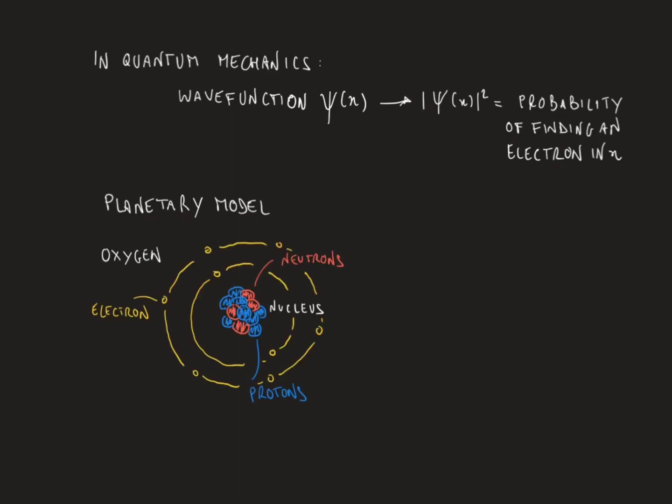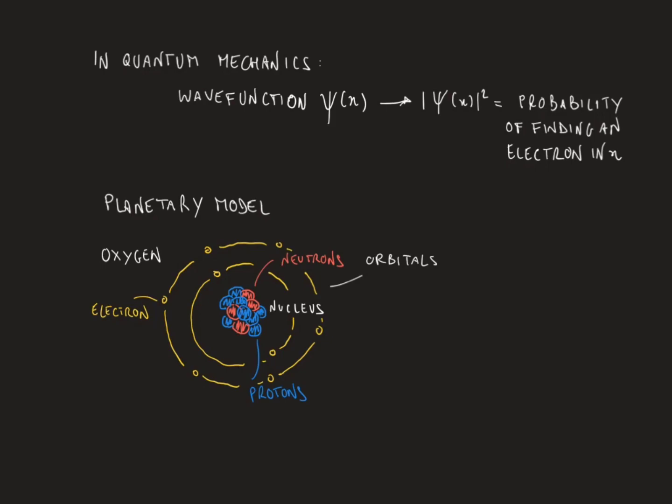For example, in the case of oxygen, you have 8 protons in the nucleus and 8 electrons moving around it. In quantum mechanics, actually, orbits take a different name. They are called orbitals, just to mark the difference with respect to planetary orbits as we know them.